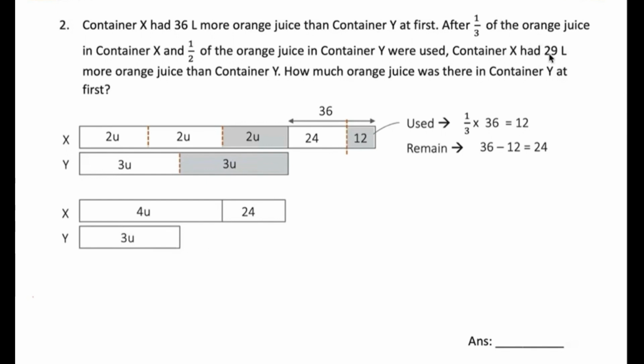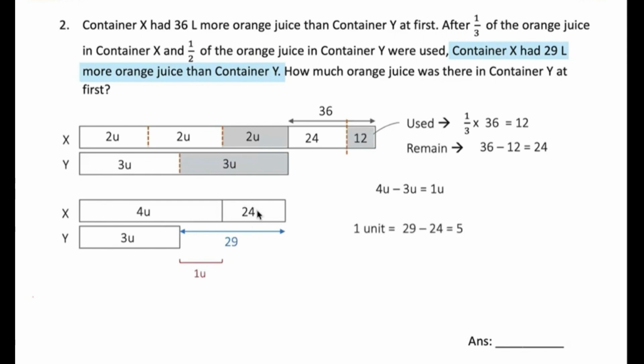Container X had 29 liters more than container Y. So the difference is 29. So from this model, you can see that the difference between 4 units and 3 units is here. And this 1 unit is also equal to 29 minus 24. And it's equal to 5. So 1 unit is equal to 5.